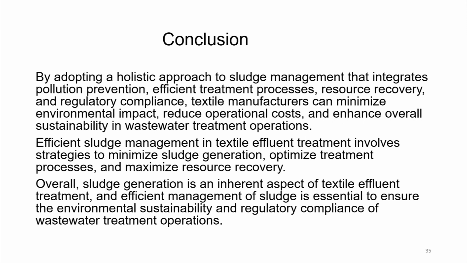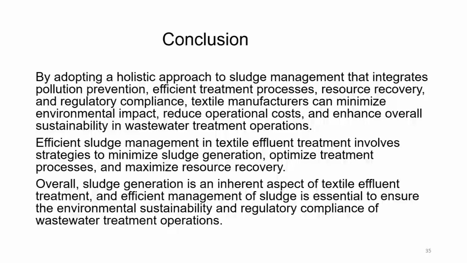So, the crux of this chapter or this lecture is that such should be the sludge management system, which is so efficient that after the textile effluent treatment, whatever sludge is generated, it is minimum in quantity and has been produced by optimized treatment processes, so that the generation of sludge itself is very small in quantity, and whatever quantity has been obtained is devoid of pathogens and hazardous contaminants, so that it can be used for resource recovery.